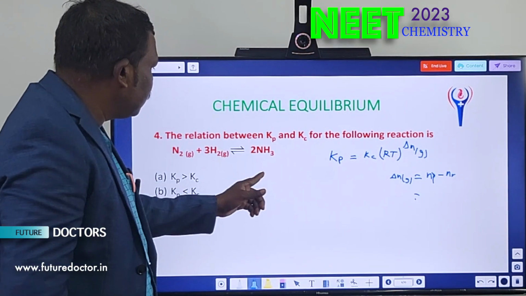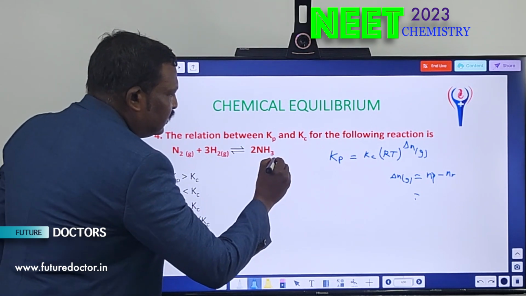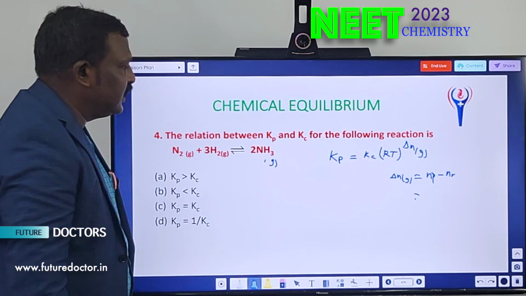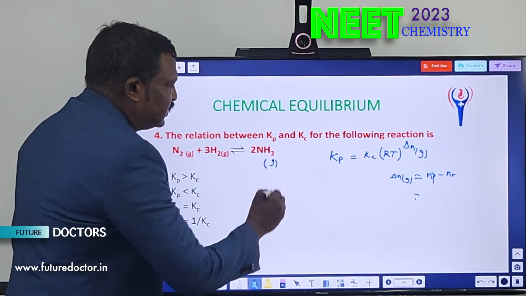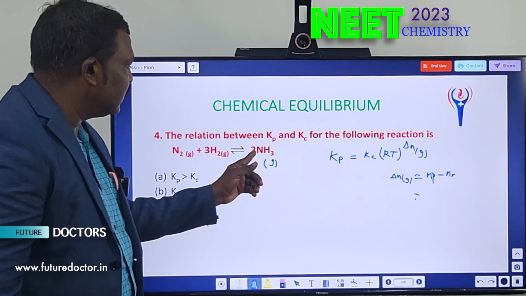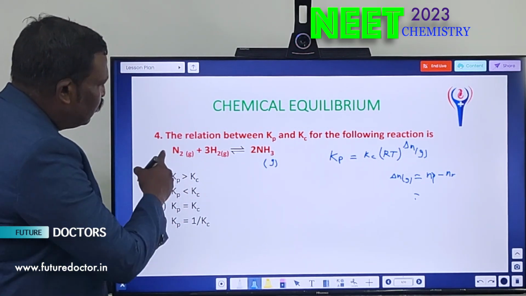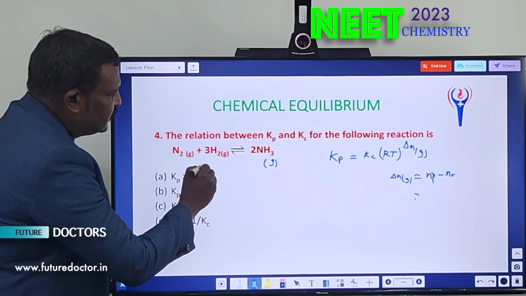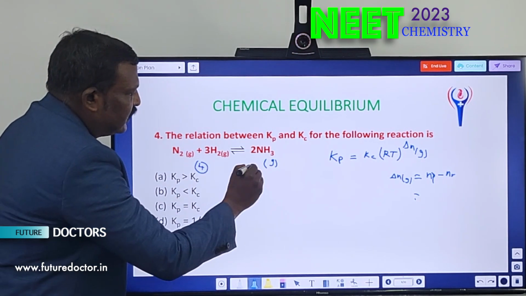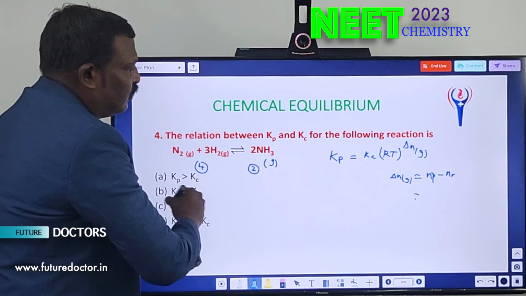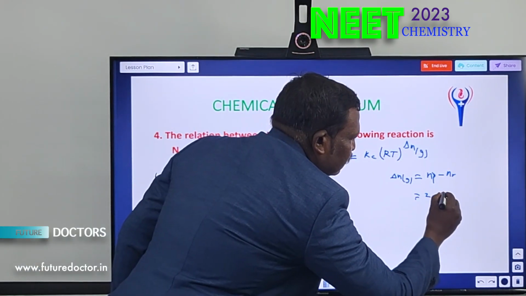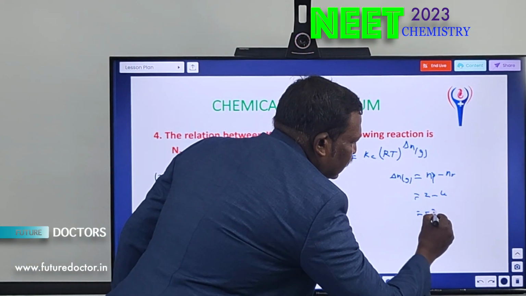So the number of moles in product means what? Here you should take only gaseous substances. G stands for gaseous substance. Here the number of moles of product is 2. On the left hand side, 1 plus 3, so 4 moles are there. Right hand side, 2 moles are there. So 2 minus 4, we get minus 2. Understood?